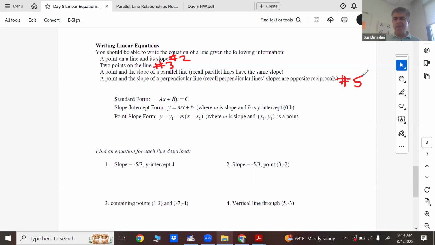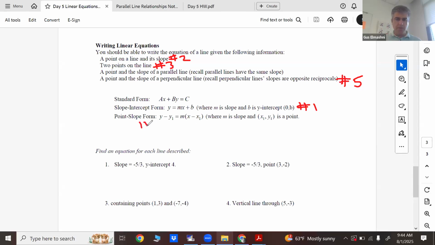How you write the line, I don't care, but just to make you guys feel comfortable, let's do slope intercept form for number 1. And for point slope form, let's do that for most of these.